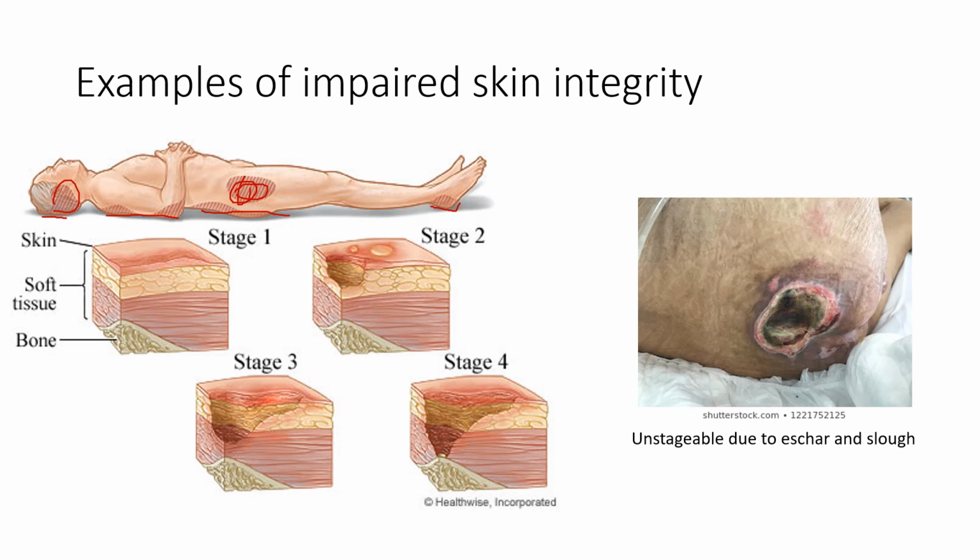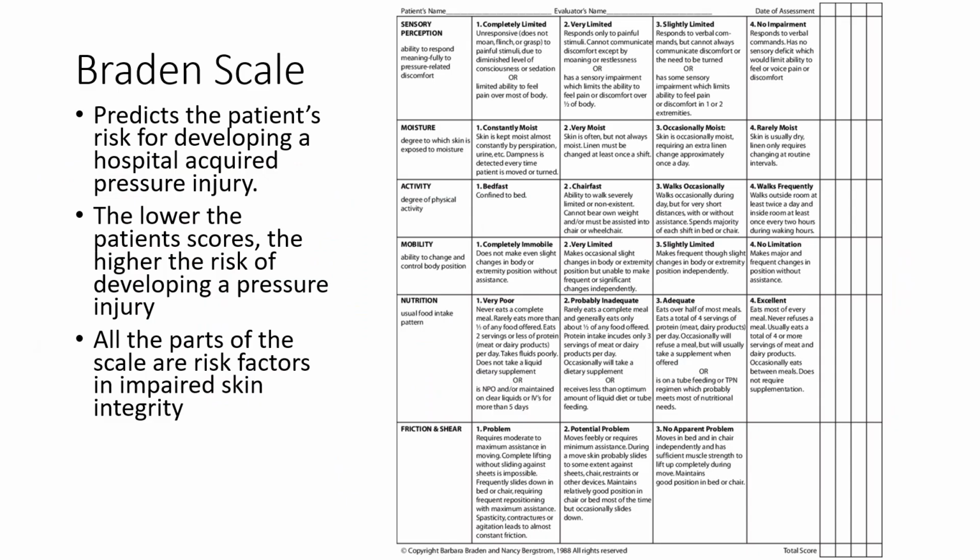Your ears, believe it or not, pillows, all those things can cause that skin integrity to be damaged. And then it has a nice outline here of skin, then the soft tissue, and then the bone. I like this. Stage 1, it's a little red. Stage 2, we've got blisters. You see that? Stage 3 is going down there, and then stage 4 is that whole way to the bone.